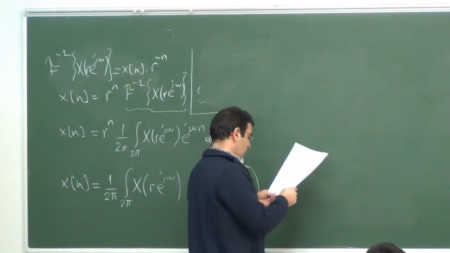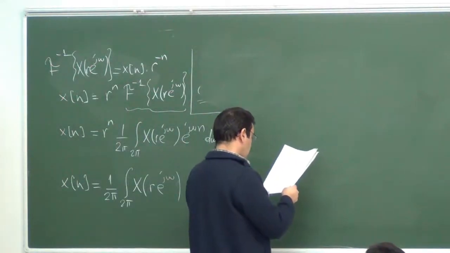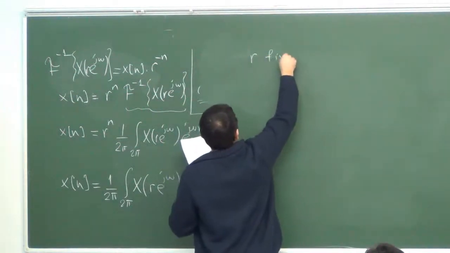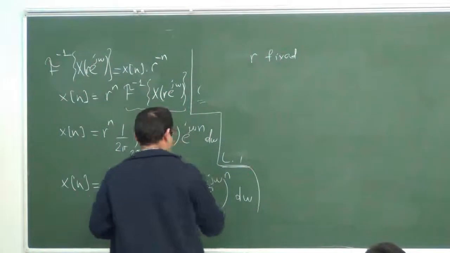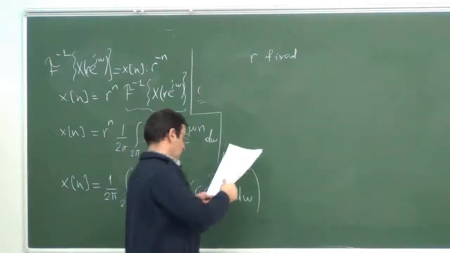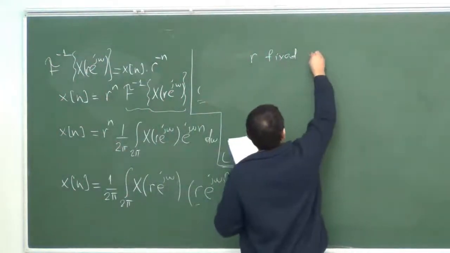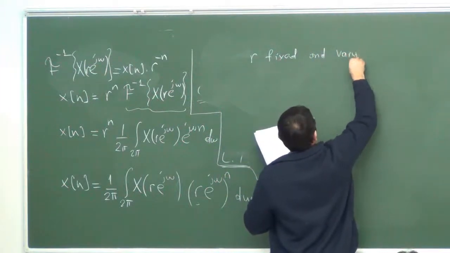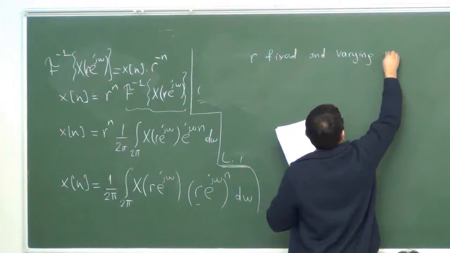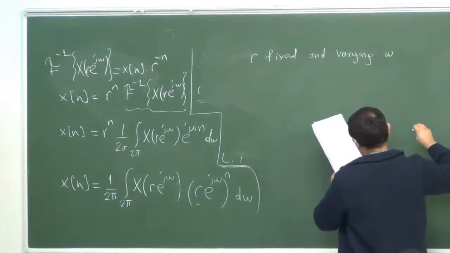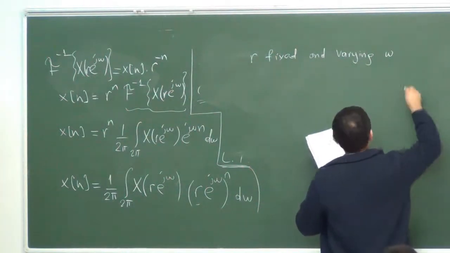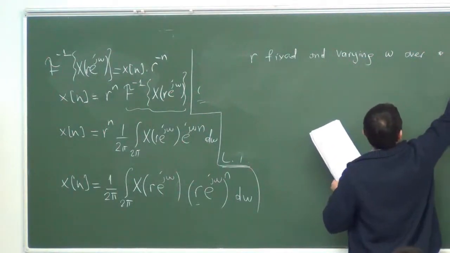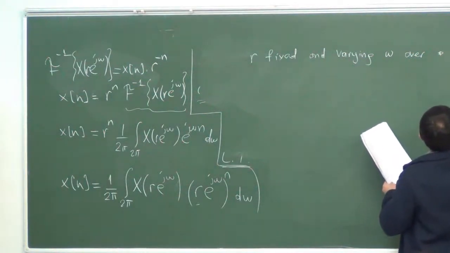So when r is fixed and omega is varying over a 2 pi interval, you can fix r to a finite value, and vary omega over a 2 pi interval.